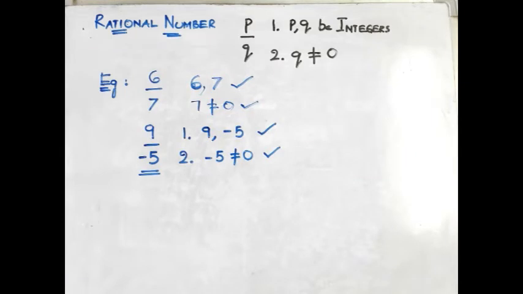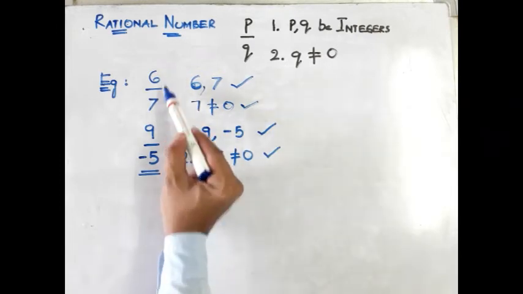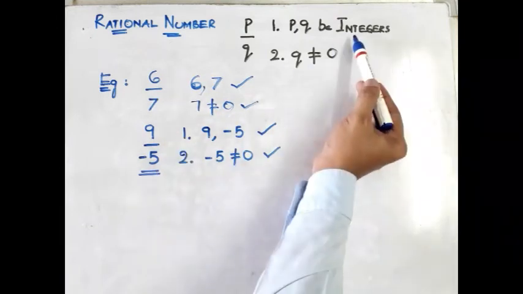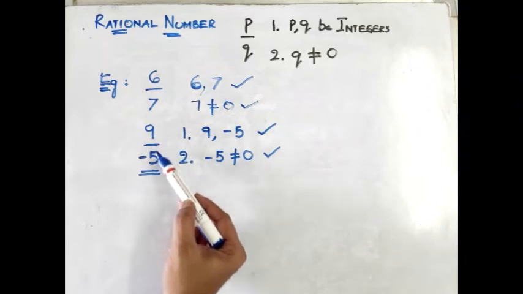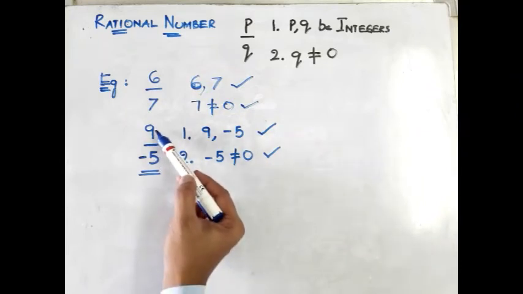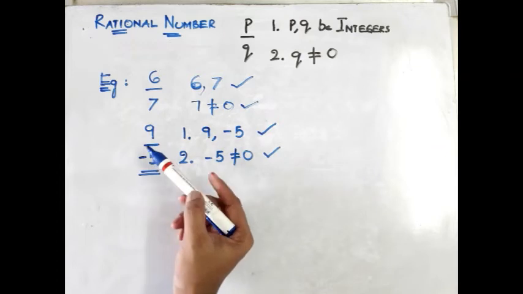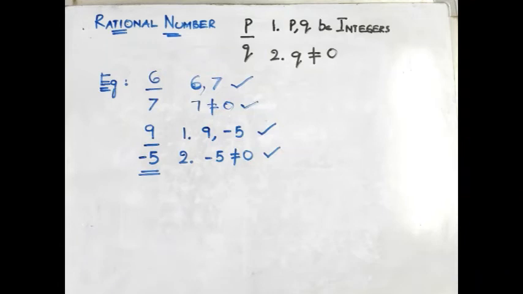Then, can I call 9 by minus 5 a fraction? No, because observe the difference. 6 and 7 are integers and we also call them whole numbers. In 9 by minus 5, 9 is a whole number and an integer as well, but minus 5 is not a whole number. Minus 5 here is only an integer.